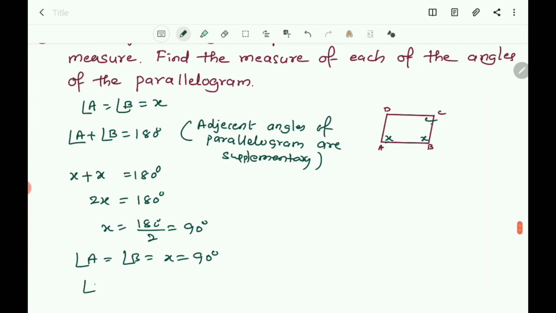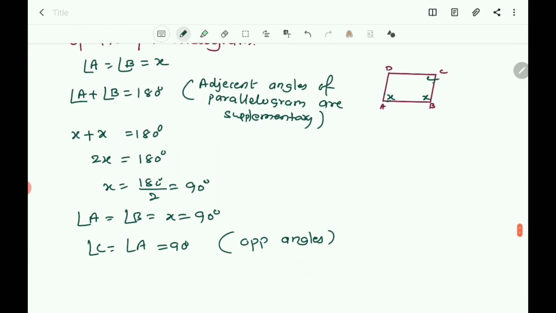So you know that angle C is equal to angle A, both are 90 degrees. Why? Opposite angles. Then also angle B is equal to angle D, and they are also 90 degrees.